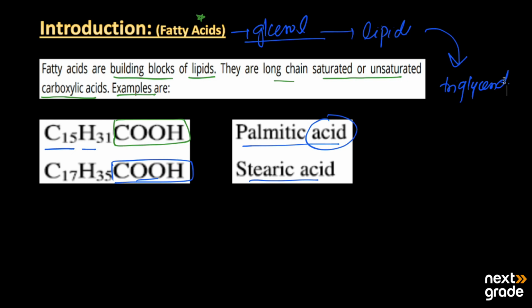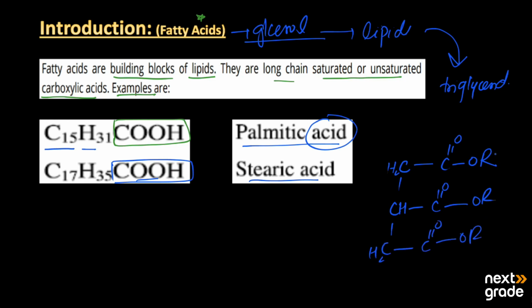The simple structure of the triglyceride has C double bond O, OR, then CH2 and CH, each with C double bond O, OR. Here R is just denoting the side chain or the alkyl group that is attached to the chain.